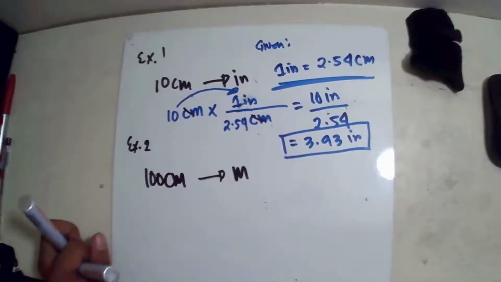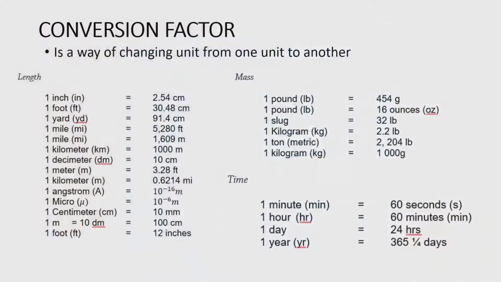Of course, we'll go back to our conversion table and look for the units centimeter and meter, to see if there is a direct relation. Where is meter? This one. And where is centimeter? Yes, we have a direct relation of meter to centimeter, which is this one.